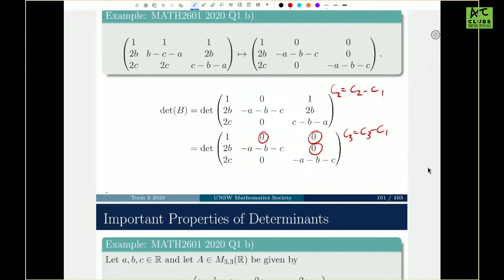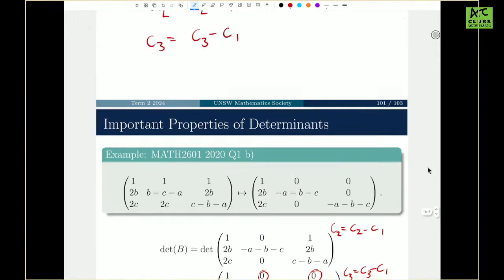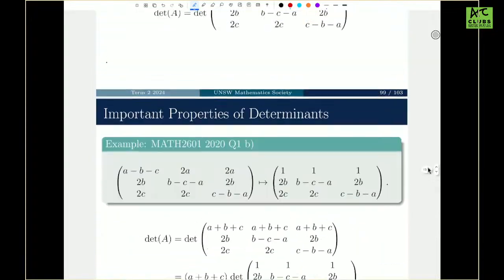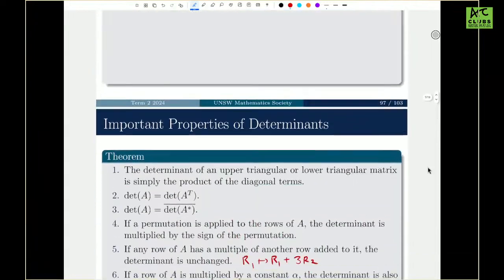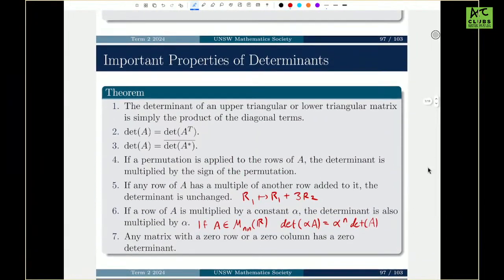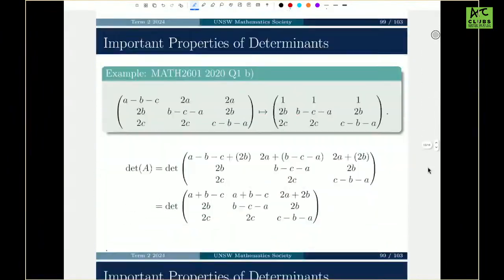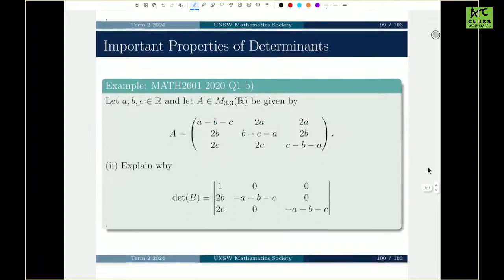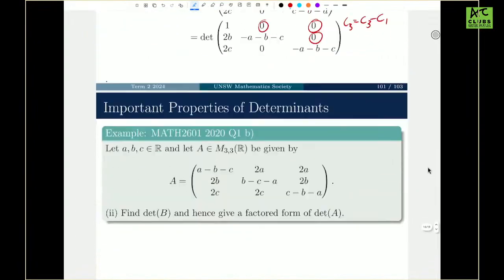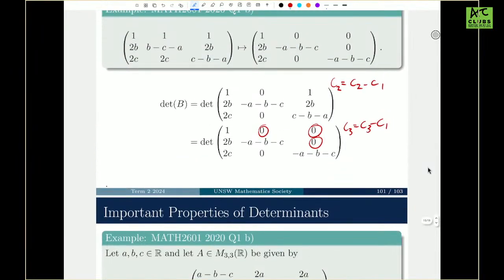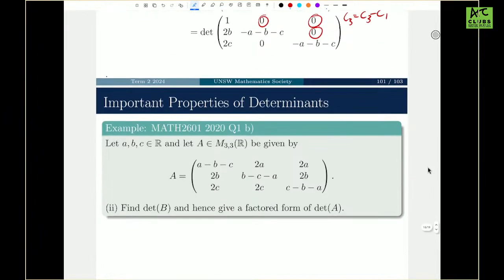We have a lower triangular matrix, and we know from property 1, I'll scroll back up. Jeez, this goes quite far. Yeah, by property 1, the determinant of an upper or lower triangular matrix is simply the product of the diagonals. Okay, this is very good news for us. This is fantastic. So all we do is multiply the diagonals. That's all there is to it.